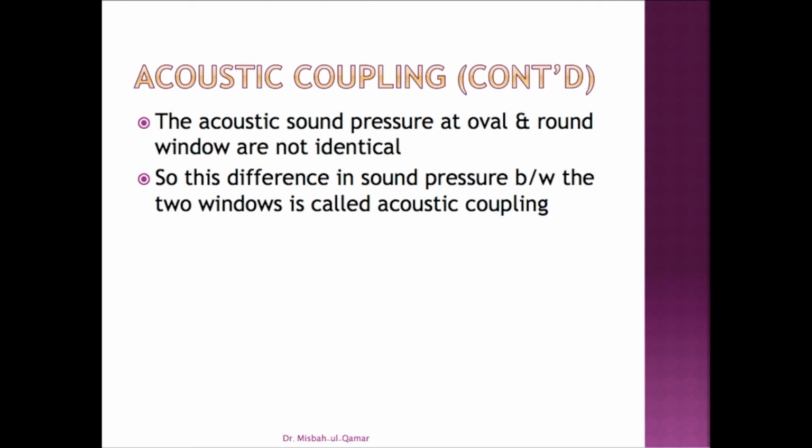Now this difference in the sound pressure between the two windows is called acoustic coupling, right? And that is different from the ossicular coupling. Both the ossicular and the acoustic coupling contribute to the loudness of the sound perceived in the internal ear. So that was one of the functions of the middle ear.